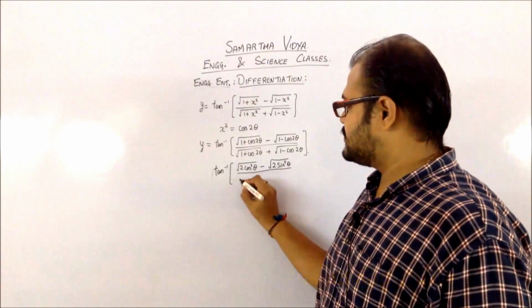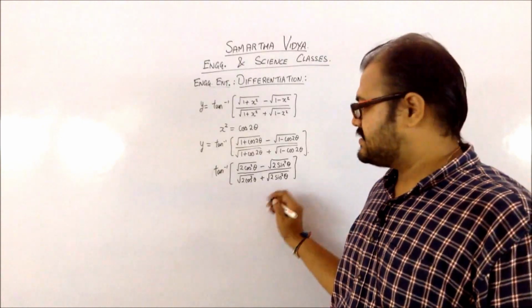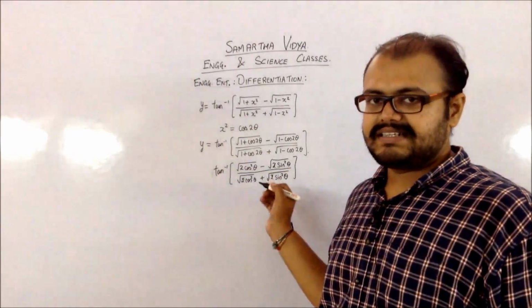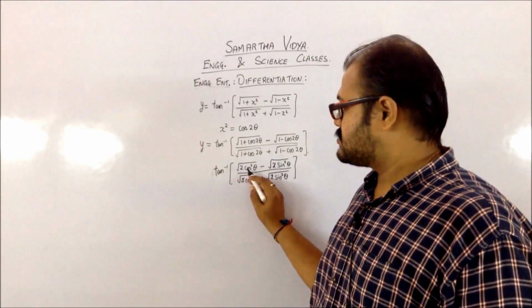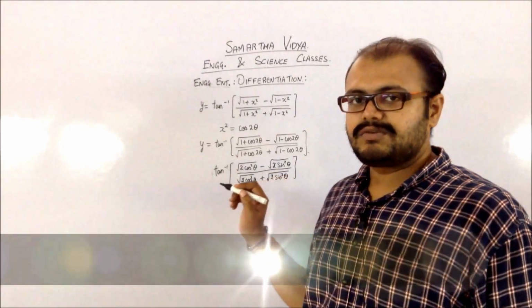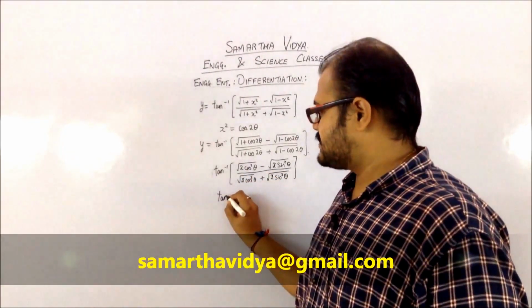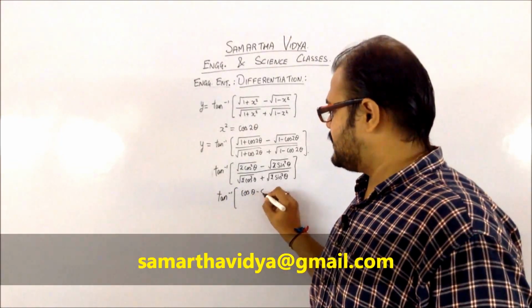In the same fashion, the denominator will have the same terms. On simplifying, you can see that the 2 gets cancelled because it is common in the numerator and the denominator, and the squares vanish because of the root. So you have tan inverse of cos theta minus sine theta over cos theta plus sine theta.